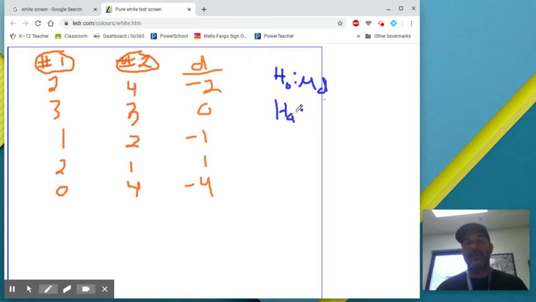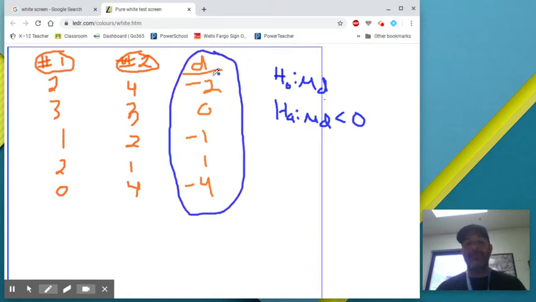I'm sorry. Here's our claim: our elixir is making clowns go up, but the mean of those differences would be a negative number. Why? Because if the numbers go up, the differences are negative. Those are negative numbers right there if they went up, right? And if I took, let's see real quick, -6 divided by 5.